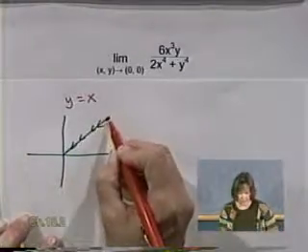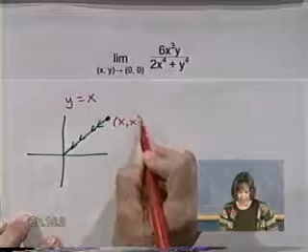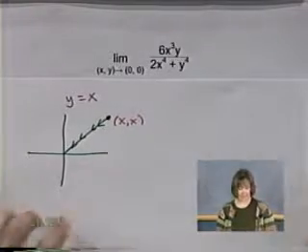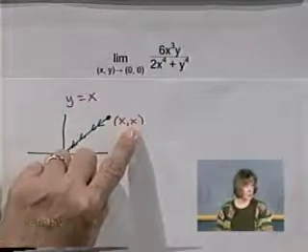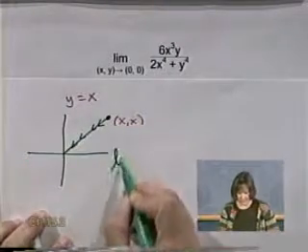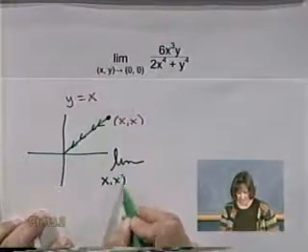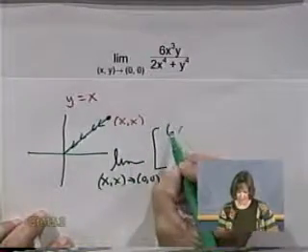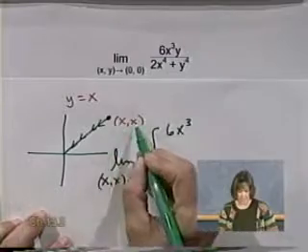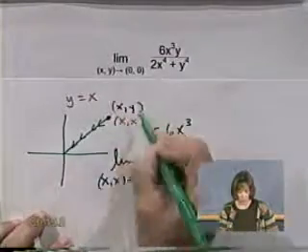So we're going to take the pathway (x, x). We all see that? Because I'm letting x be x, but since y is equal to x, I replace y with x. So now I'm taking the limit as (x, x) goes to (0, 0). And when I plug that in, I have 6x cubed, because x is x, but we're letting y be x.